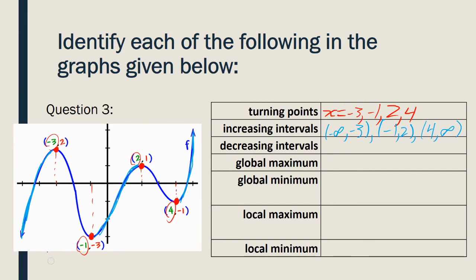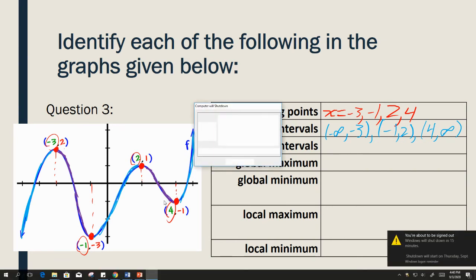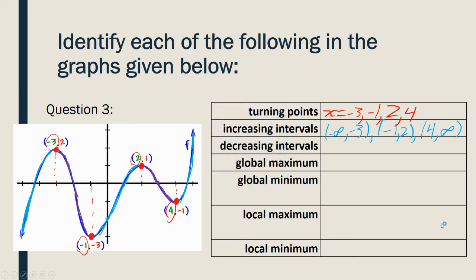Now let's look at where my graph is decreasing or going downhill. My graph is going downhill right here and right here, it looks like. There are 2 places where my graph is going downhill. It's going down from here at negative 3 all the way to negative 1.